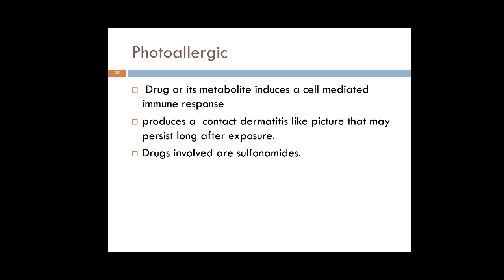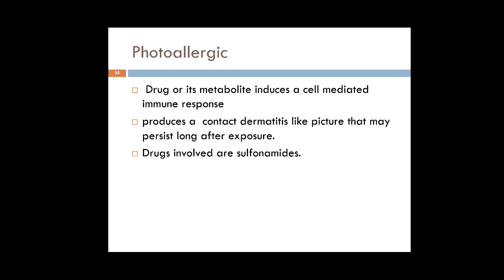The second type of reaction is the photoallergic reaction. Drug or its metabolite induces a cell-mediated immune response. They produce a contact dermatitis-like picture. You must be aware of contact dermatitis, very commonly seen with females who use a gold chain or some artificial jewelry. Some females or girls are allergic to such kind of jewelry or gold ornaments.